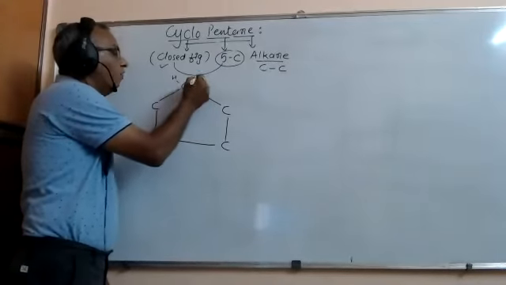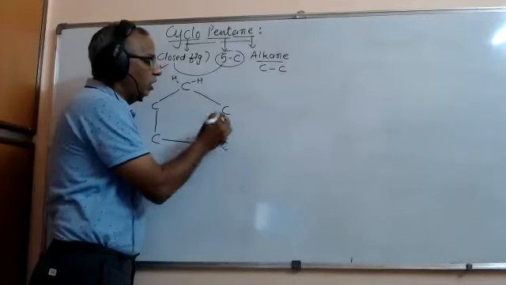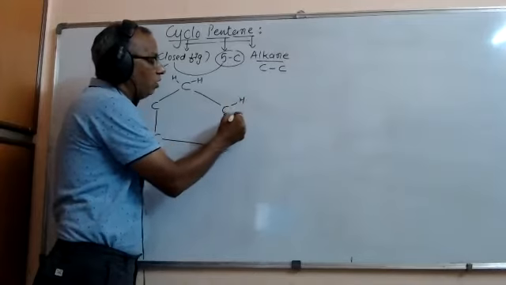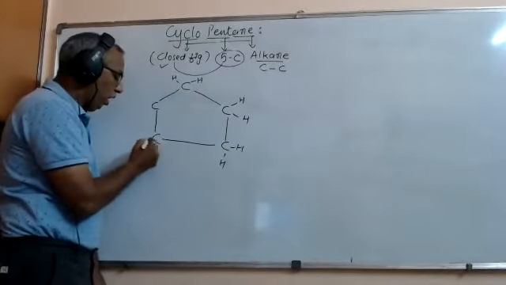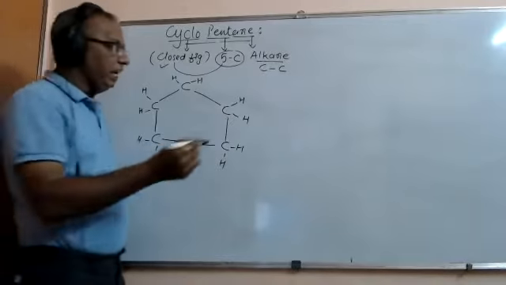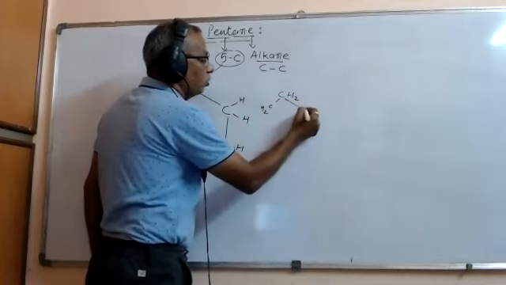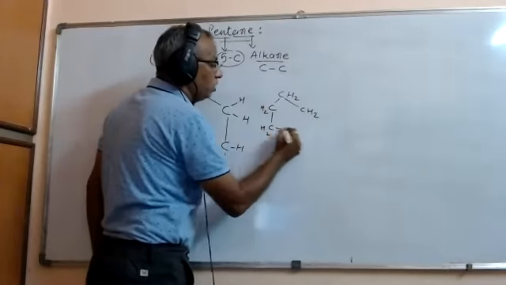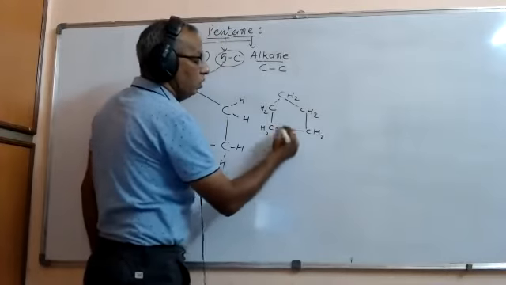So third and fourth are fulfilled by putting hydrogens. Same thing here, you can see 2 valencies fulfilled, third and fourth, third and fourth, third and fourth, and the last third and fourth. So we can write it like this: CH2, CH2, CH2, CH2, and the last CH2.